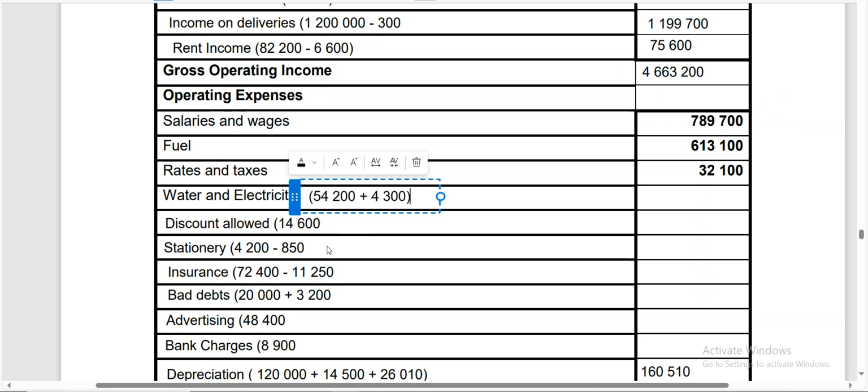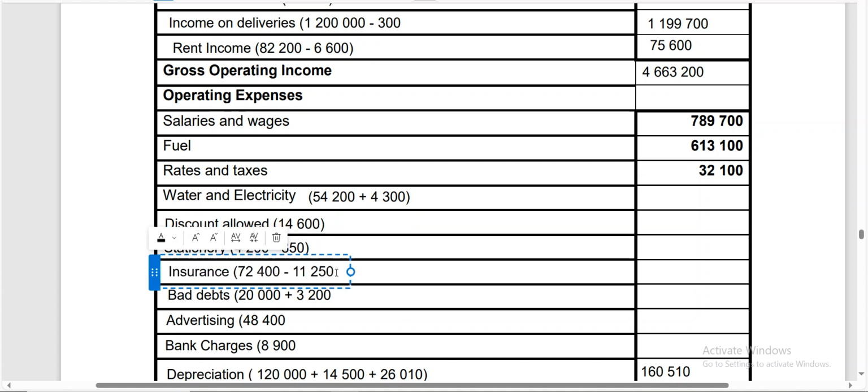So now remember, discount allowed did not change. The things that did not change, we would have to take them as they are. I'm just going to close this bracket to show that these things have been finalized, and then we need to check if there were any other adjustments that maybe the answers were not saved for.